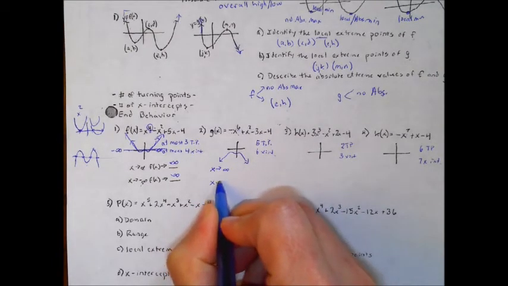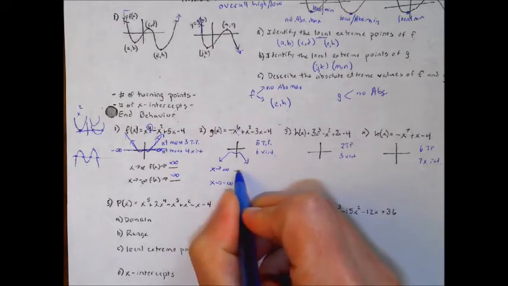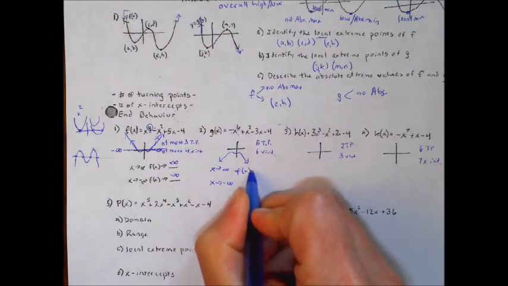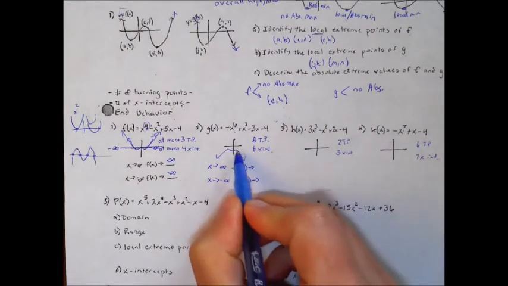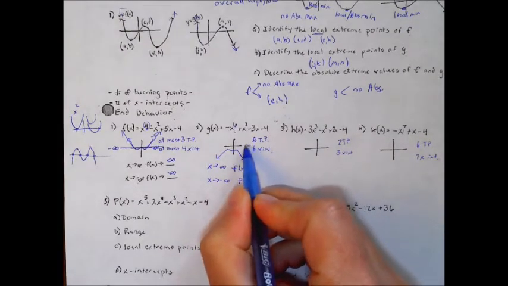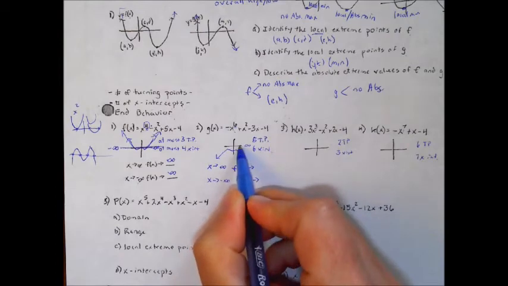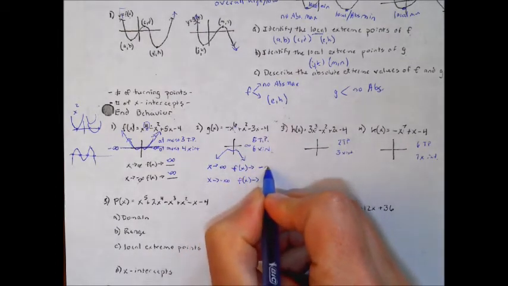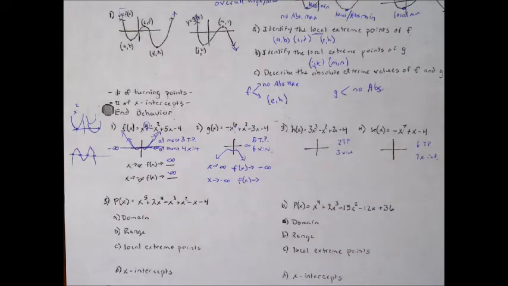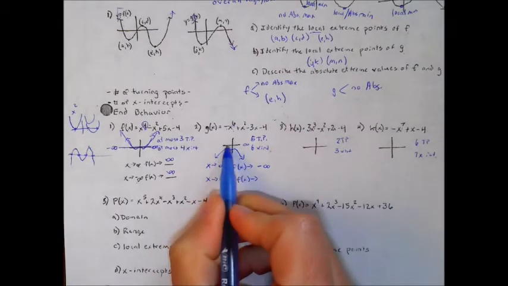As x goes to infinity, which means to the right, my y's are getting less, less, less, going down, down, down. So that would be to negative infinity. And as my x approaches negative infinity, which is this direction, my y's are getting less, less, less, which would be to negative infinity.